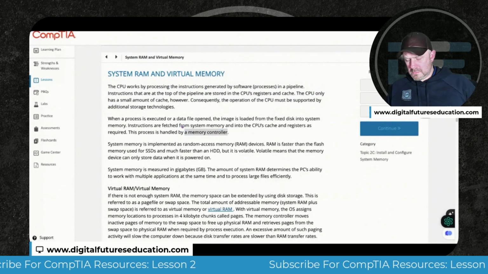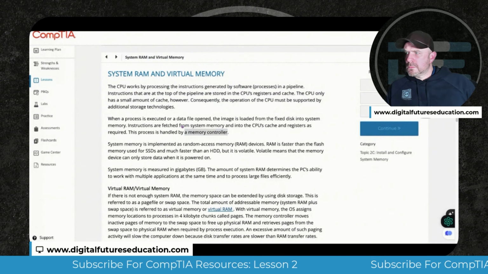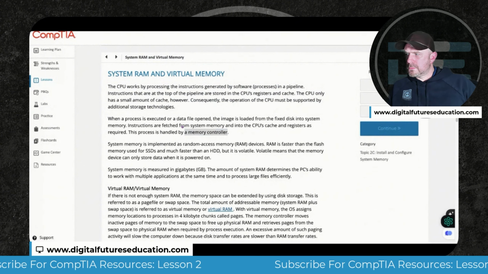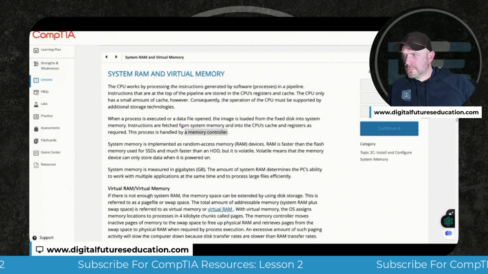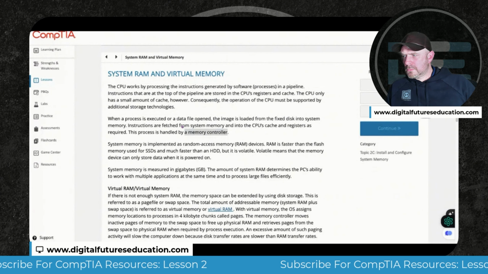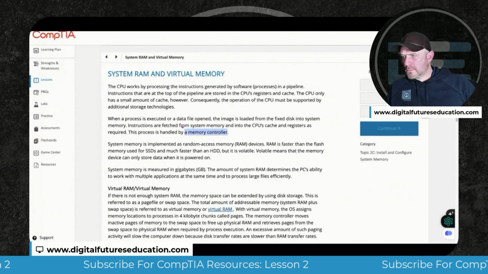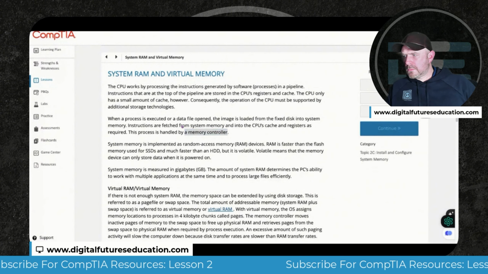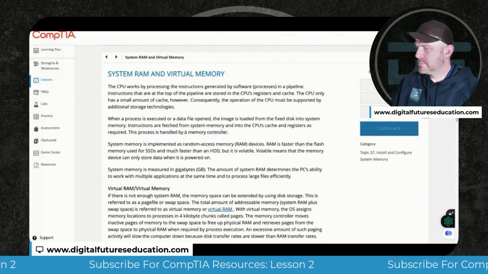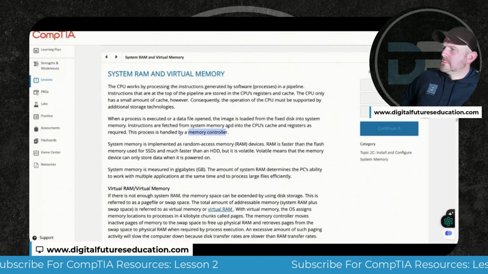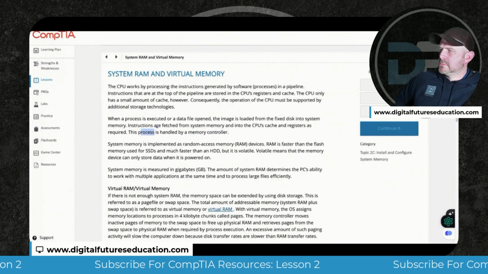BIOS itself, which is like the base level where stuff starts getting put onto a computer, has what you can consider a controller. It's a set of instructions on a chip. So it's like basic instructions: do this with this. Another example of that would be a process handled by a memory controller. So do this with this is the controller piece. The process is probably the higher level topic.